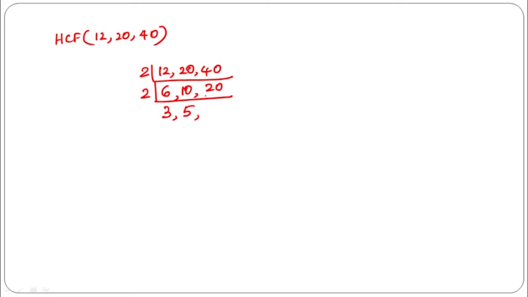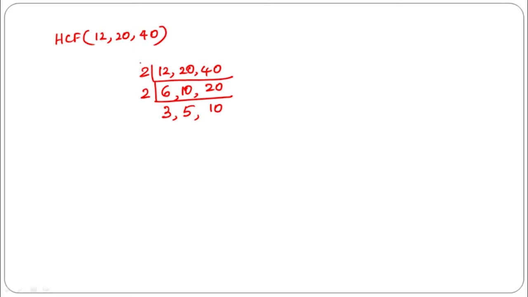At this point, can I find a prime factor which will divide all of these three numbers equally? No, I am unable to find a prime factor which will divide 3, 5 and 10 exactly. When we were doing the LCM, at this point also we would continue, because we would look at a prime factor which can divide 5 and 10 exactly, but that's not how you do it when it comes to HCF.